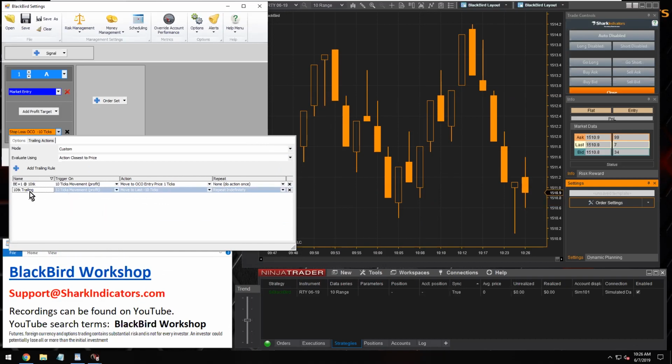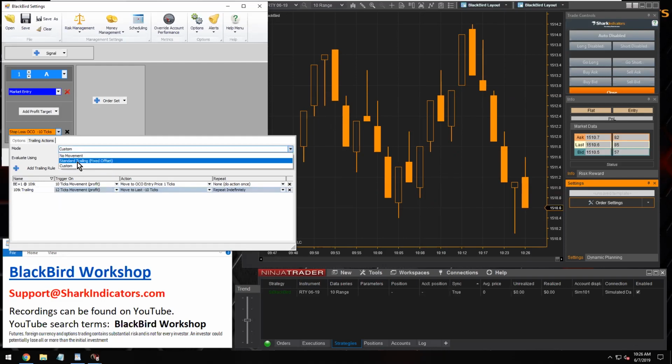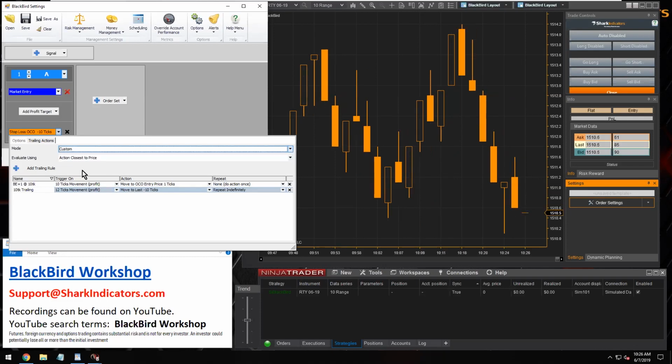Then if we take a look at the trailing rules here, let's stretch this out a little bit. We see that we have a couple of trailing rules. I know sometimes it's hard to read the text there. We're going to get that resolved at some point. So we have two rules: the break even +1 at 10 ticks of profit, and then the typical 10 tick trailing.